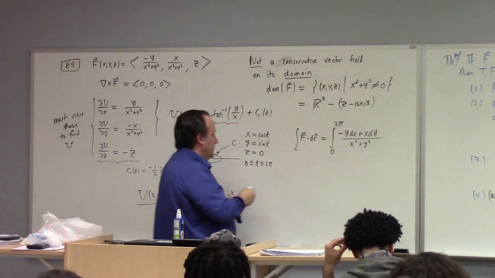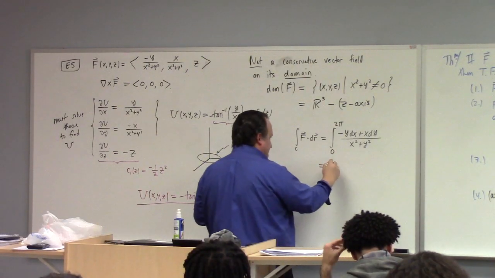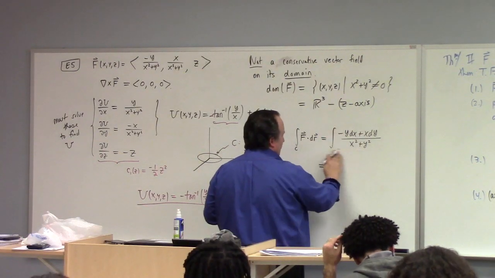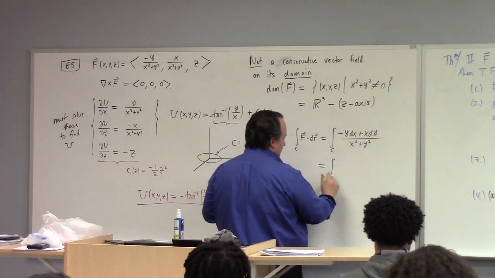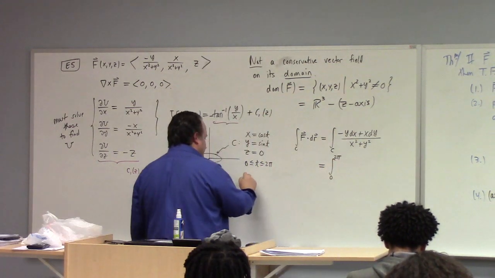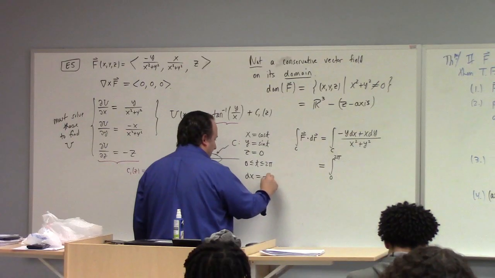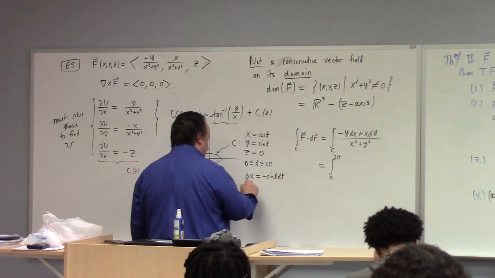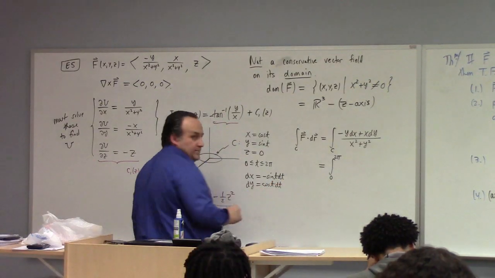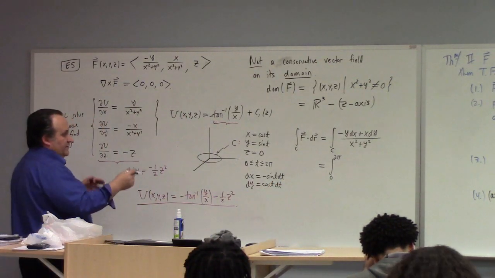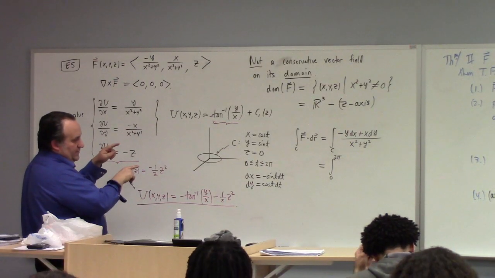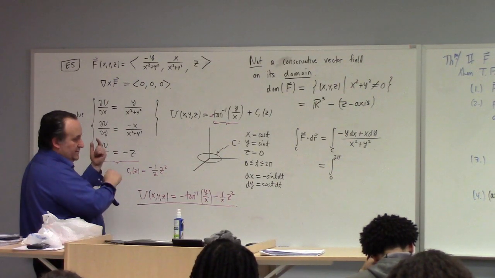So when we work that out, what is dx? I guess I could just leave this as c for a second here. So that works out to 0 to 2 pi. What's my dx? What's my dy? Right? So minus y dx is minus sine squared, right?